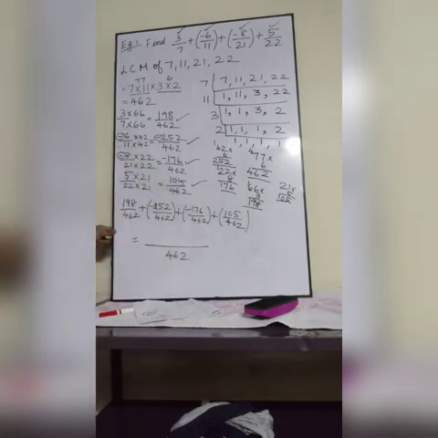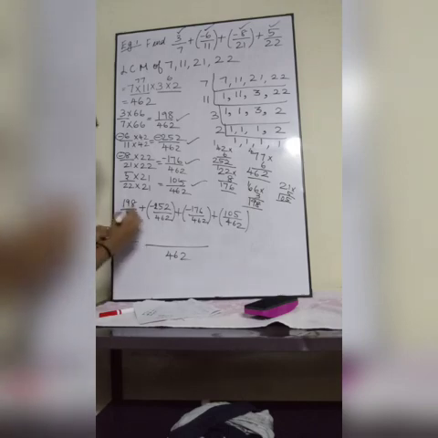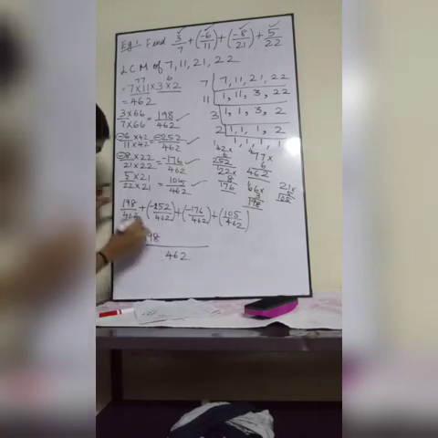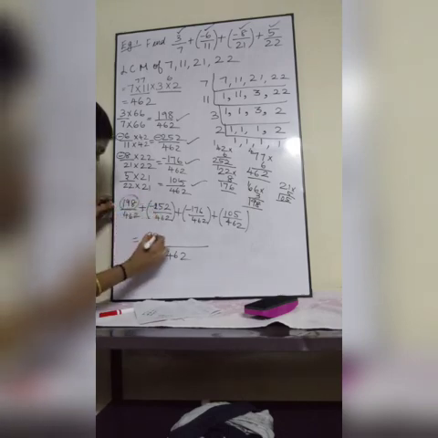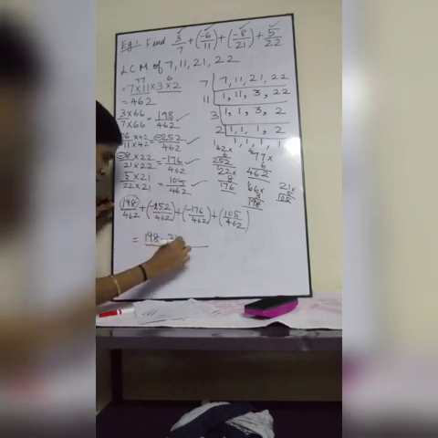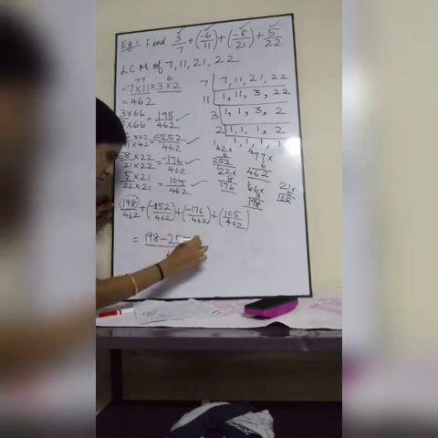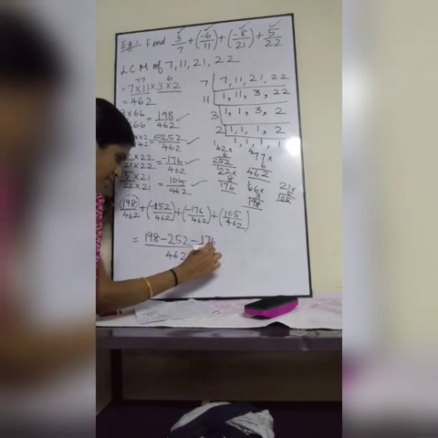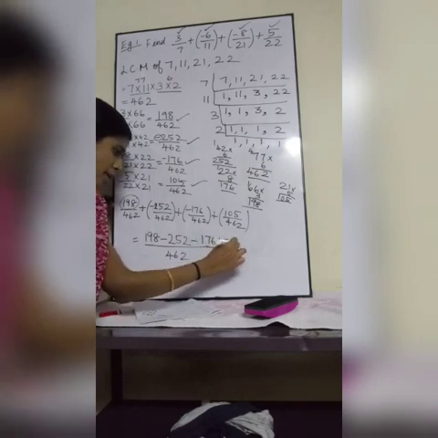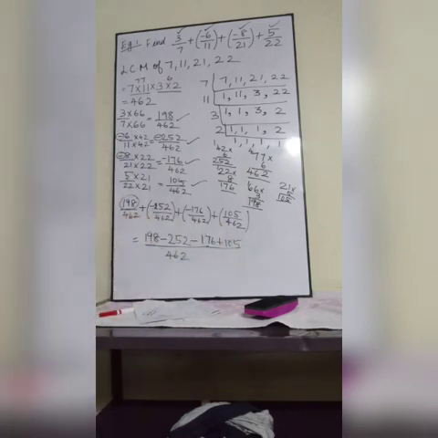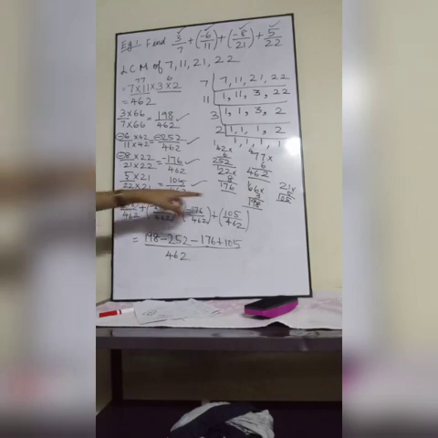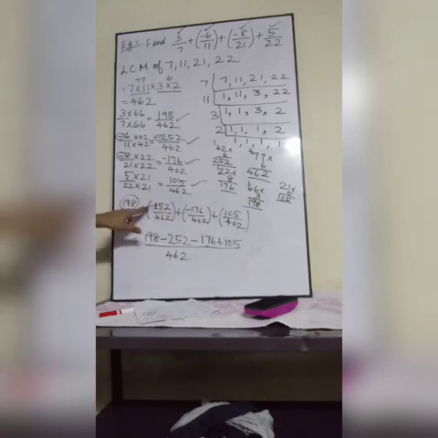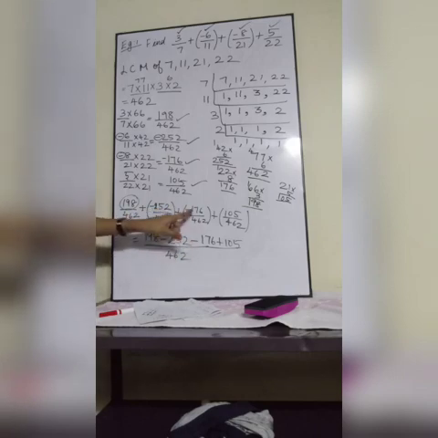Same as only once. Next I am writing 198. Okay. Next plus into minus, minus 252. Plus into minus, minus 176. Next plus 105. Now you understood how I wrote? I am just writing only the numerators: 198 plus into minus, minus 252 plus into minus, minus 176 plus 105.